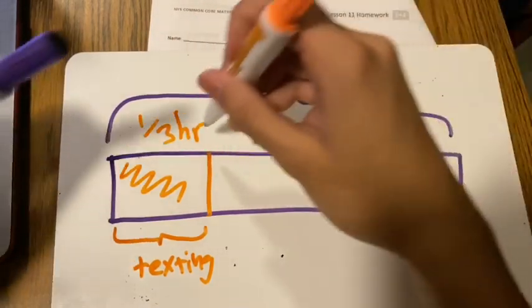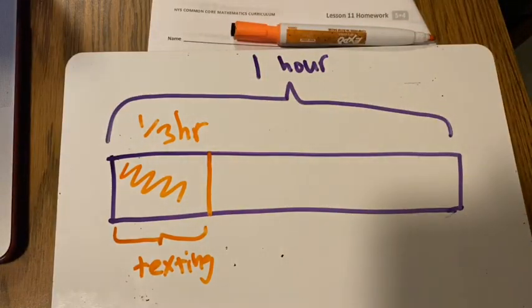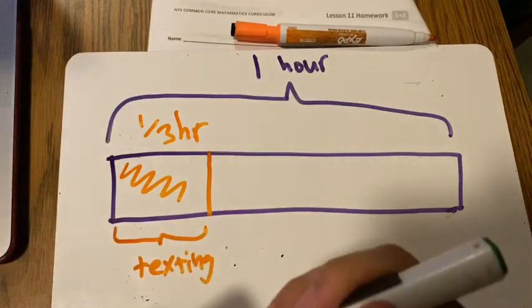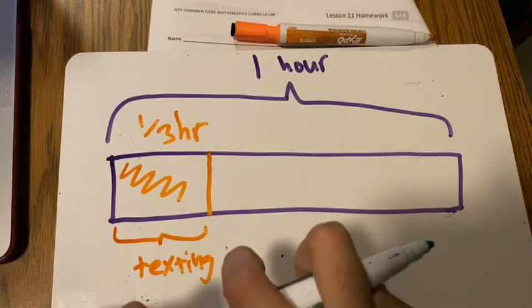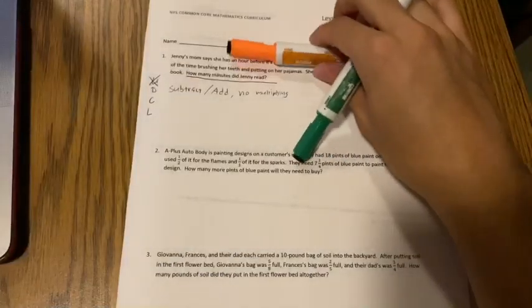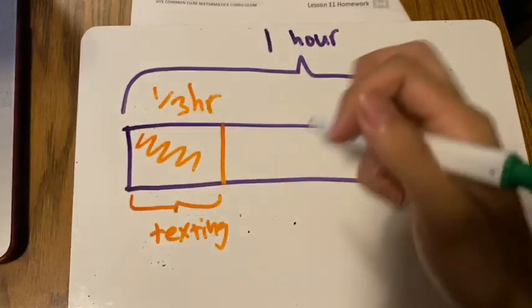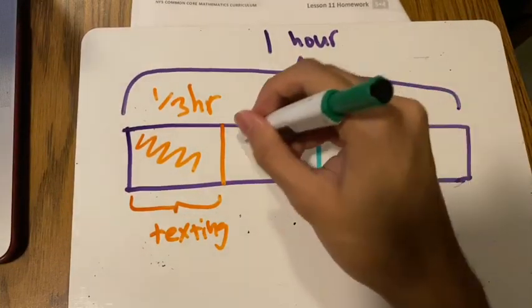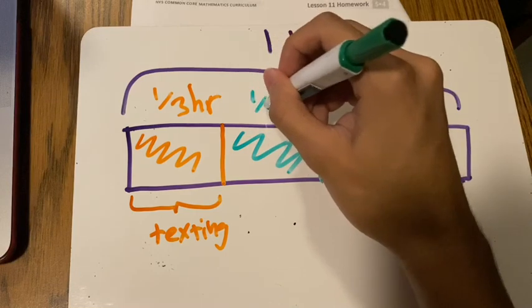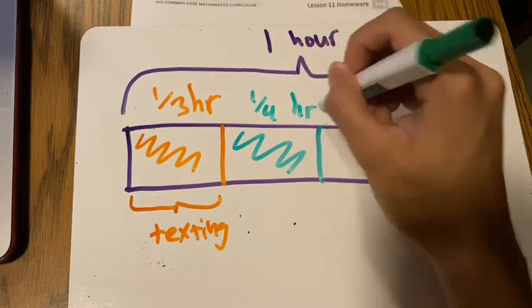And then what else did she spend her time doing? What else was Jenny doing? Exactly, she was brushing her teeth and putting on her pajamas. And how much time did she spend on that? Exactly, a quarter, 1/4 of it. So I'm going to do this part. She spent a quarter of her hour brushing her teeth.